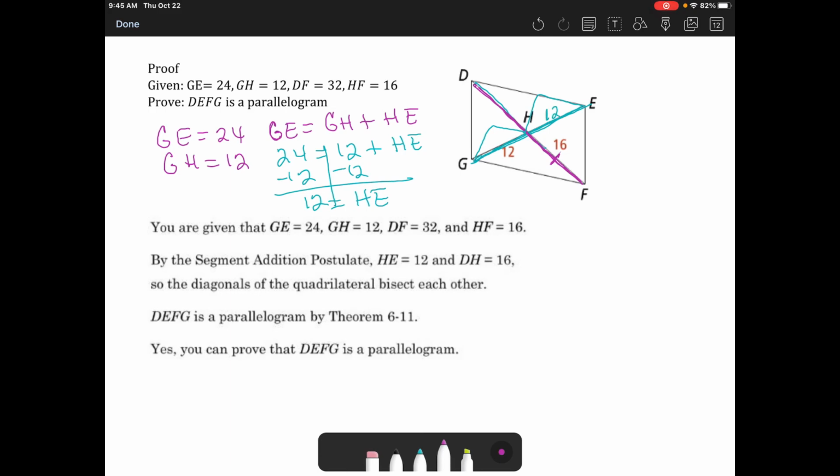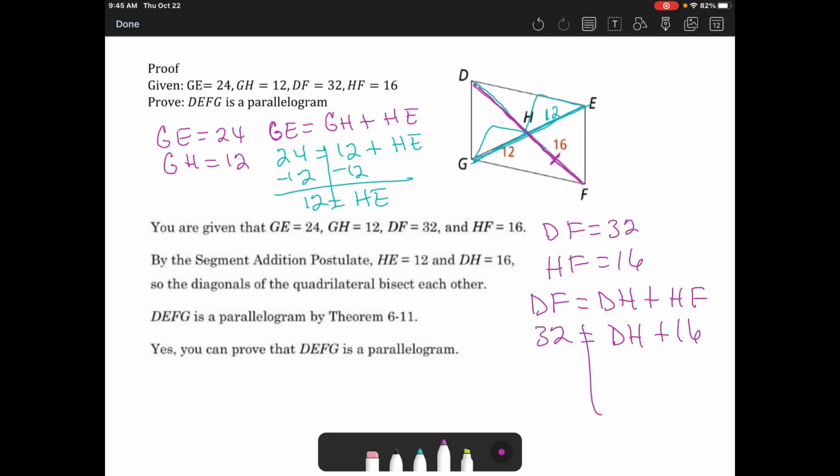Okay? And similarly, we said here DF is 32 and HF is 16. So DF is made up of the two segments DH plus HF. Well, if DF is 32, DH is the unknown, and HF is 16, we can solve for DH by subtracting 16 from both sides, and DH is 16.